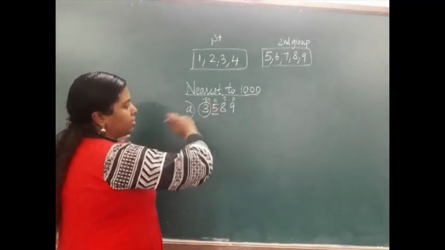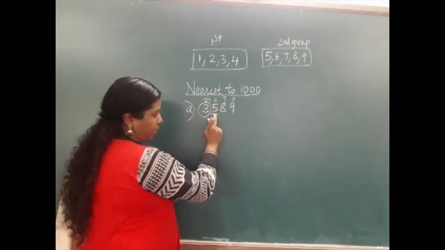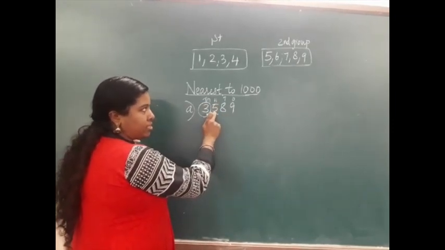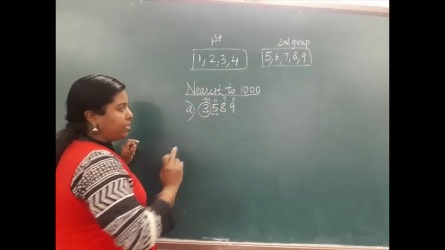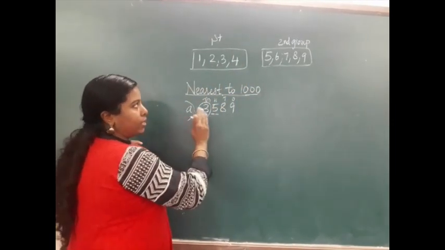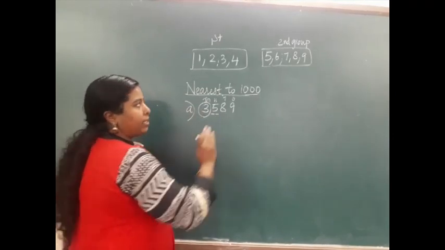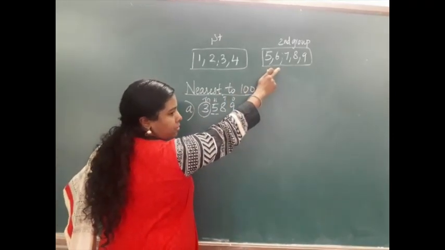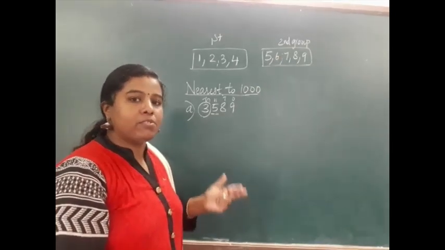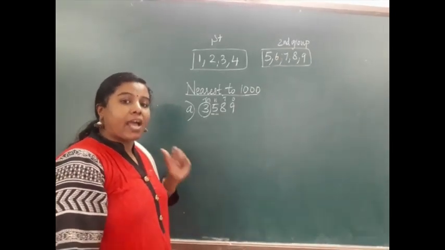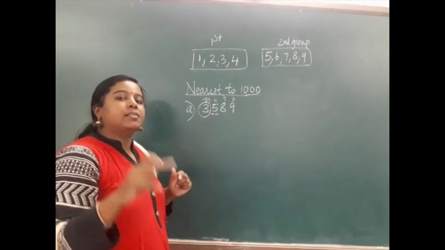Here the digit in the 100 place is 5. Now is this digit 5, above 5, or below 5? This digit is 5, right? So it comes under the second group. When 5 or above 5 comes, what should we do? We should add 1 to the circled digit.